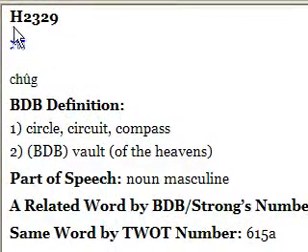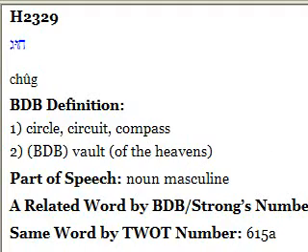So, H2329, here it is in English letters, and the way you pronounce this word is, as I understand it, hoog, not chug or cug, but hoog. Okay, so the definition is circle, circuit, which is very similar to a circle, and compass.